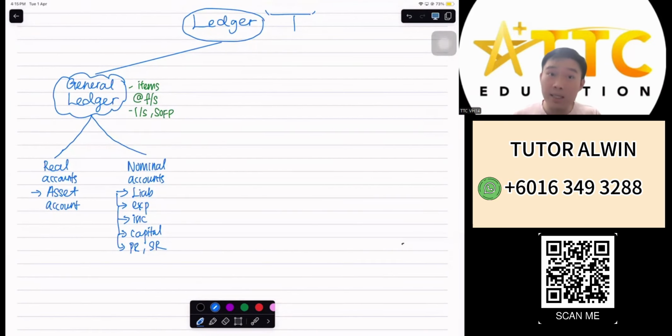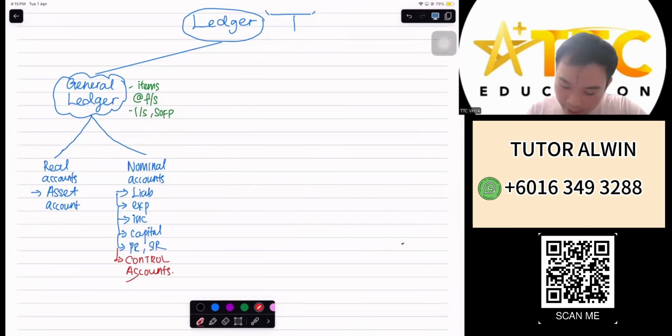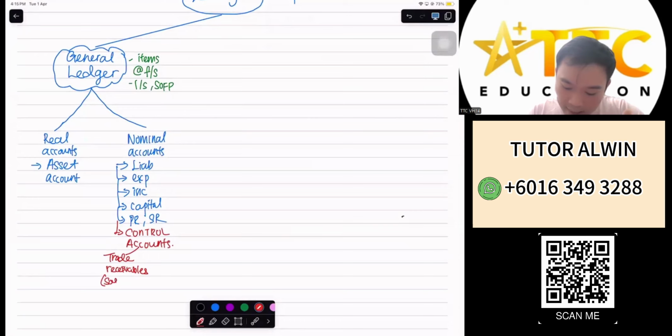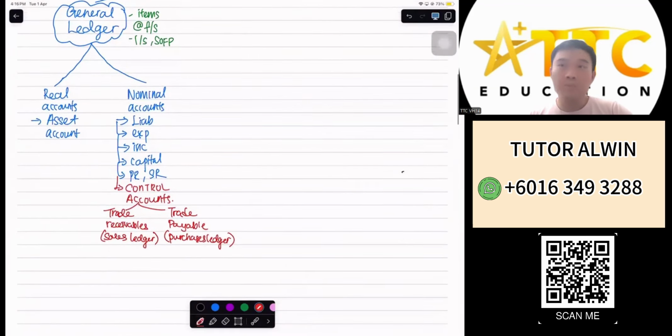And one more thing will be there, which is our topic for today, called the control accounts, in which we'll be dealing with trade receivables control account, or in some books, most of the time we will see it as sales ledger control accounts. One more is the trade payable, or the so-called purchases ledger control accounts.